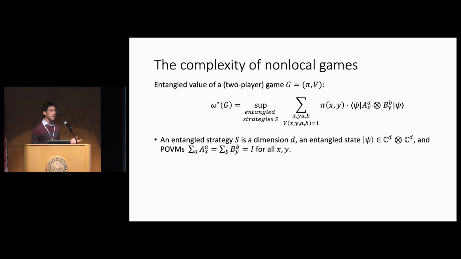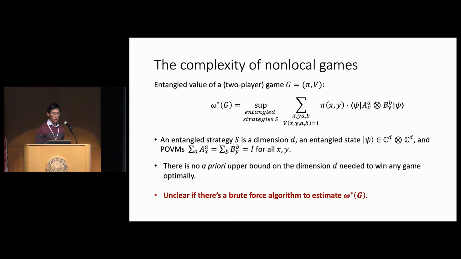This is a crazy optimization problem. One of the biggest challenges in trying to evaluate this number is that there's no a priori upper bound on the dimension d needed to win any particular game. If I gave you a game G and asked what's the best possible strategy for this game, what's the minimum dimension you need?